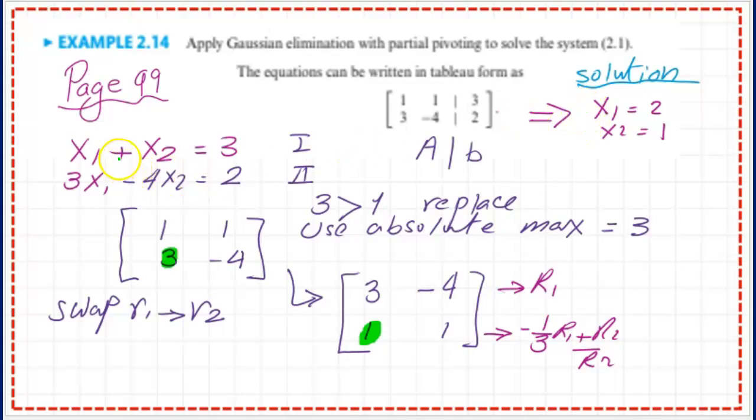We can write the two equations as x1 plus x2 equals 3, and 3x1 minus 4x2 equals 2 from the augmented matrix. The exact solution is x1 equals 2 and x2 equals 1.